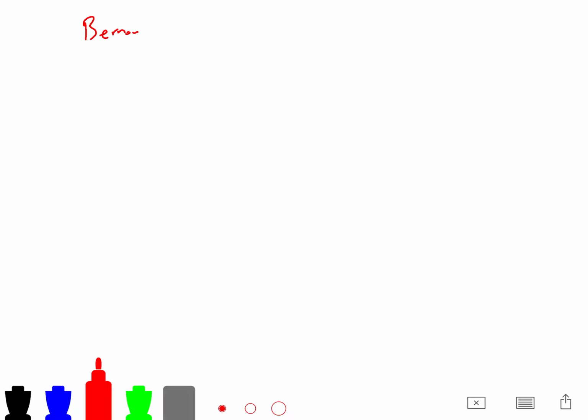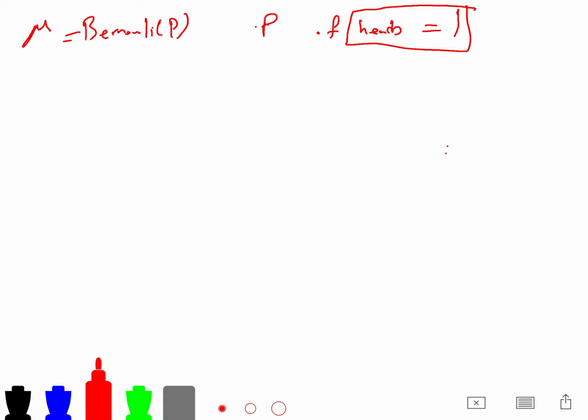For example, the simplest example, Bernoulli of p, if it is mu, with probability p of heads. Let's say heads is equal to 1, and tails is equal to 0, for example.